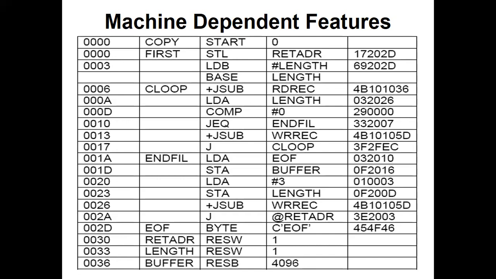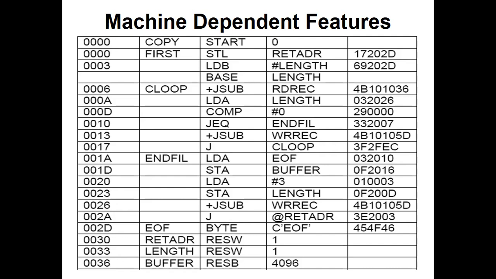STL RETADR is at address 0000. The next instruction is at 0003. So when we are trying to translate this instruction, STL RETADR, the program counter is already loaded with the value 0003.